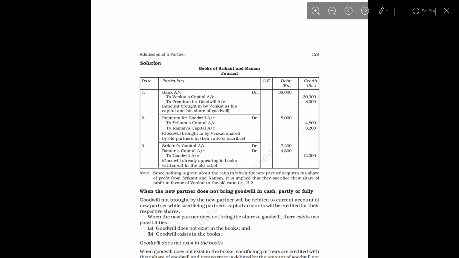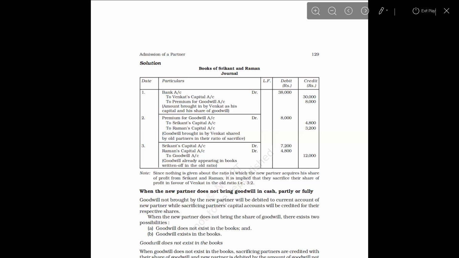The old partners take back their old goodwill amount in their old ratio.